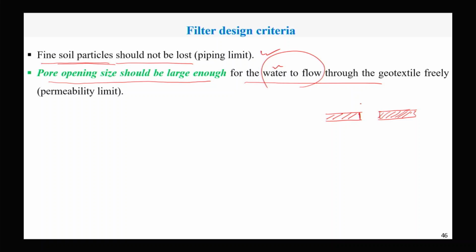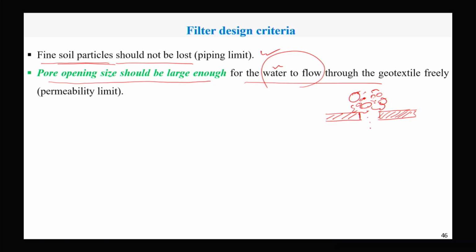So initially, suppose a soil is there with a mix of large and small particles.